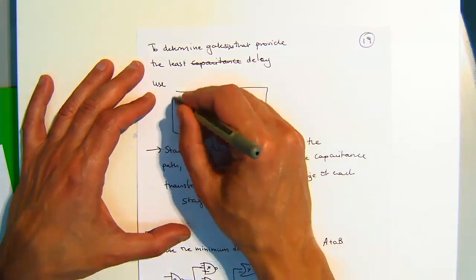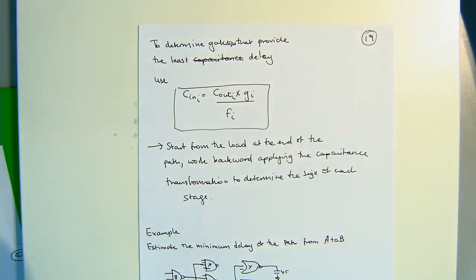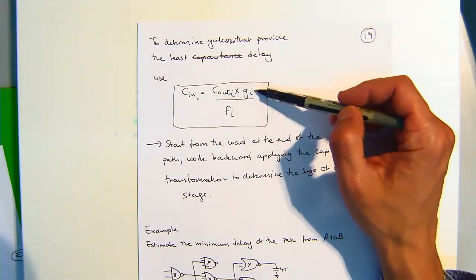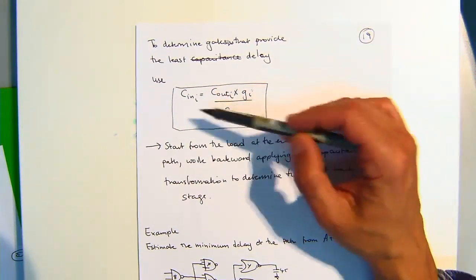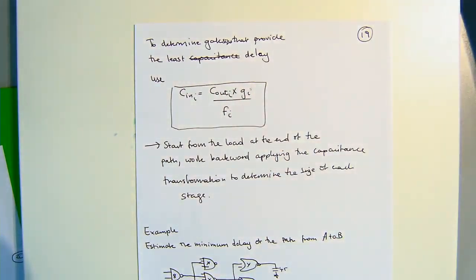This formula actually tells you how to size your gates in order to get the minimum delay. The input capacitance is C out times g_i on f_i. So usually what you do is start from the load and go backwards to work out how to size each of these gates in order to get the minimum delay.